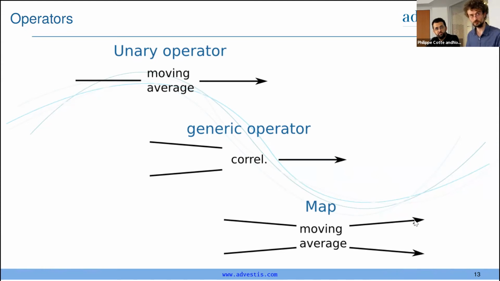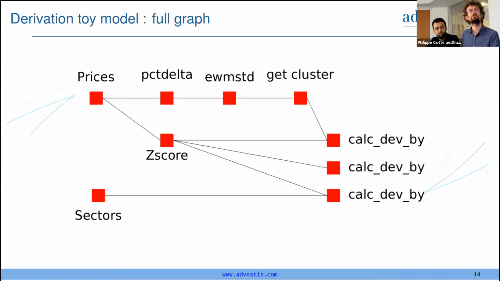Now, about the code itself, if we want, for example, to have a derivation, we could have this derivation toy model. Here we would take prices and sectors, two primary data. From prices we get returns, and then standard deviation of returns that we can transform into clusters.